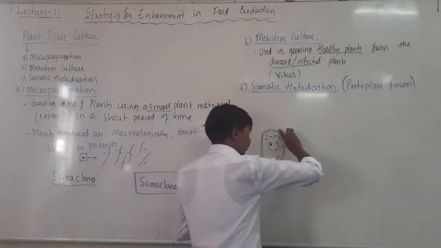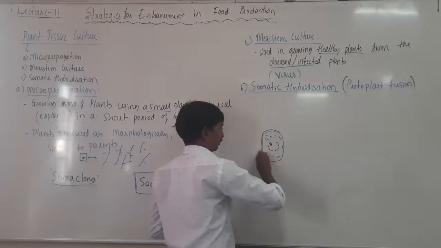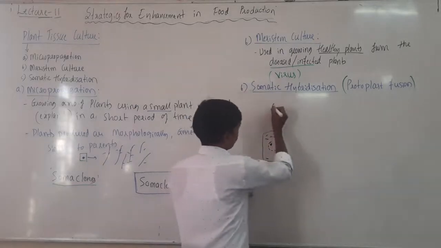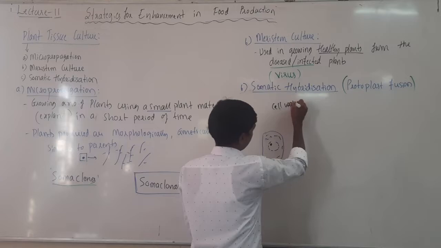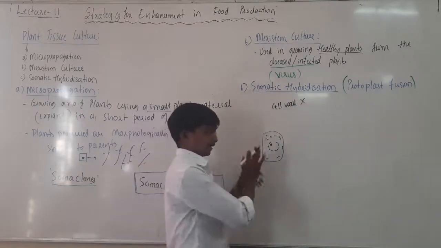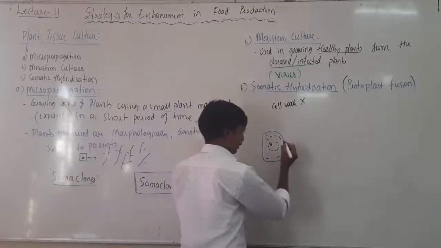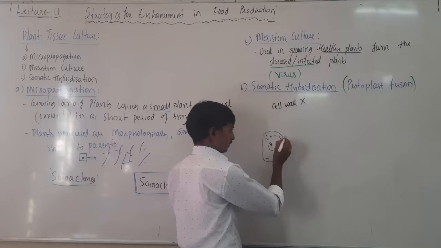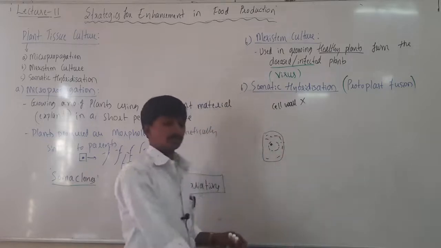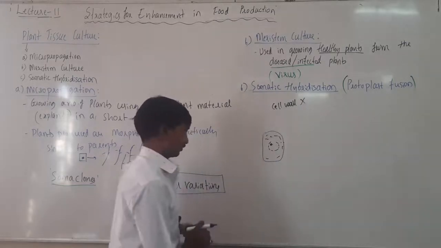When you remove the cell wall from the plant cell, this complete part is called protoplast. It includes the cell membrane, cytoplasm, nucleus, mitochondria, chloroplast, all the parts of the cell except the cell wall.